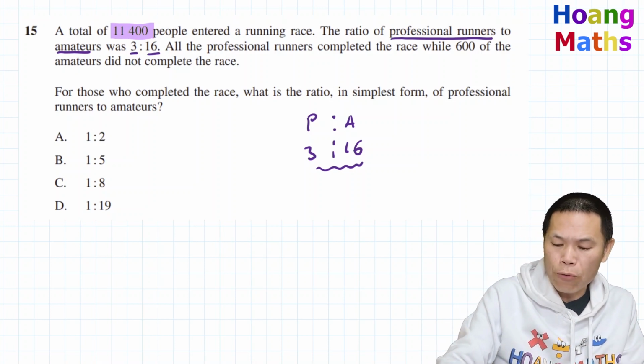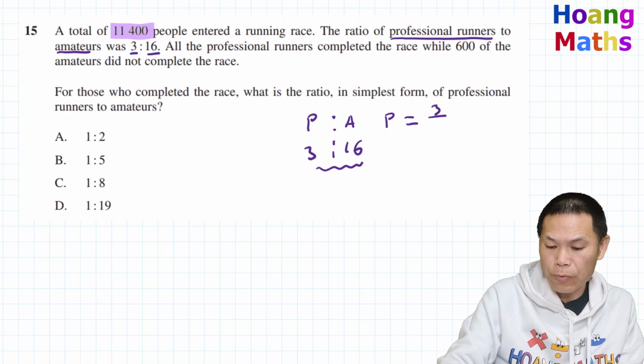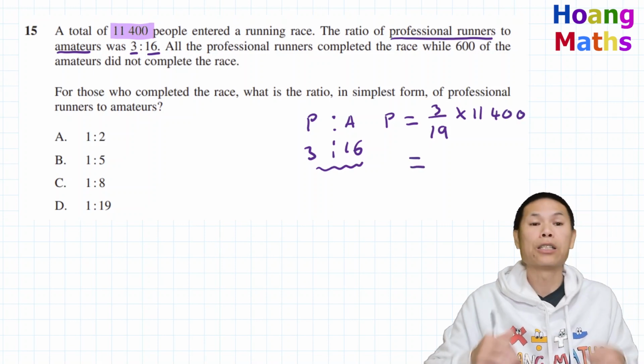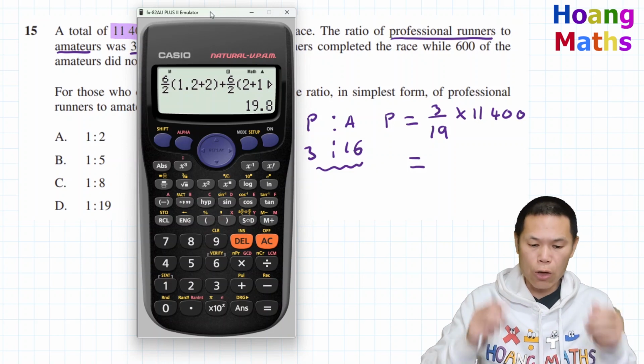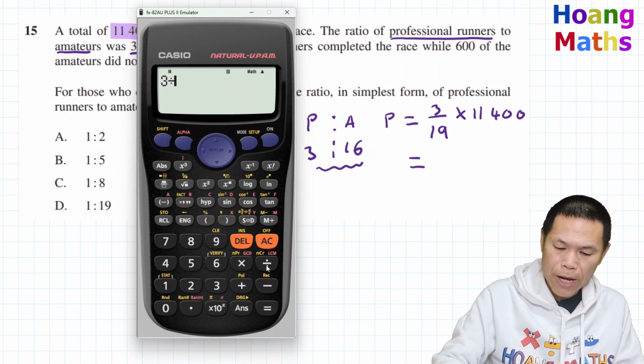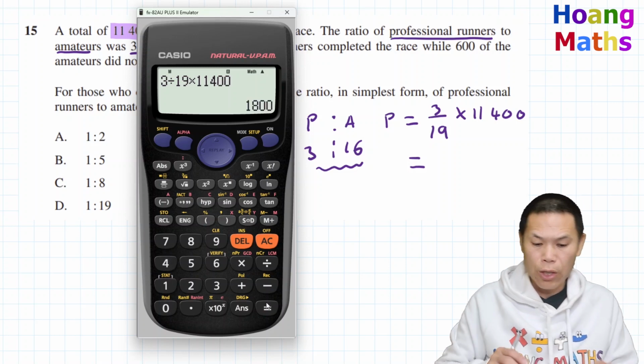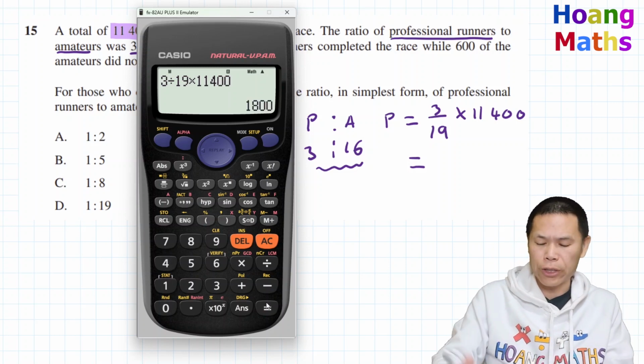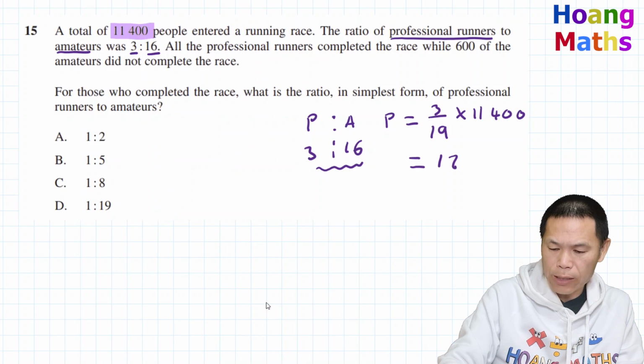So for professional runners, P is 3 out of 19, and we times 11,400. I just put it on a calculator: 3 divided by 19 times 11,400. So 1,800.